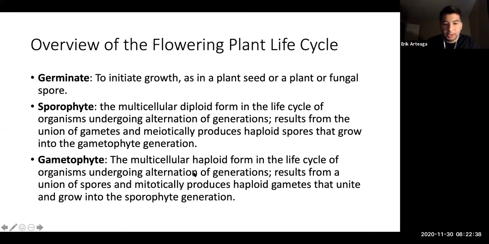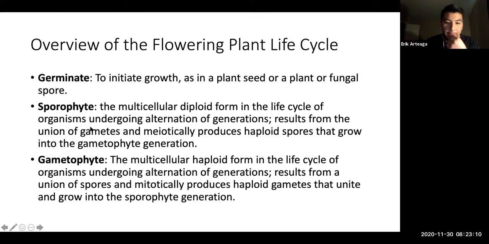So the gametophyte is a multicellular haploid form in the life cycle of an organism undergoing alternation of generations. It results from the union of spores and mitotically produces haploid gametes that unite and grow into the sporophyte generation. Again, the gametophyte in ferns or bryophytes, which are the mosses, is going to be producing the haploid spores that are going to be mixing together in order to make the actual sporophyte.